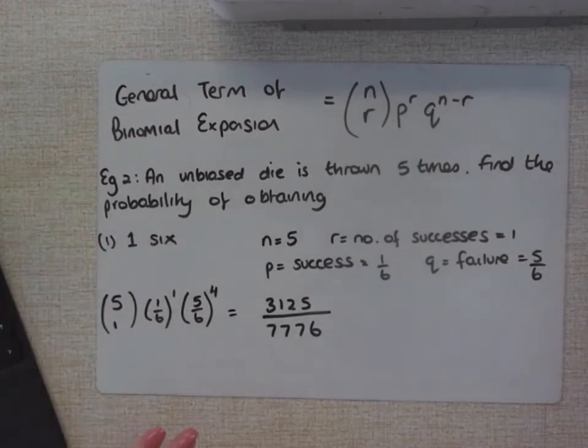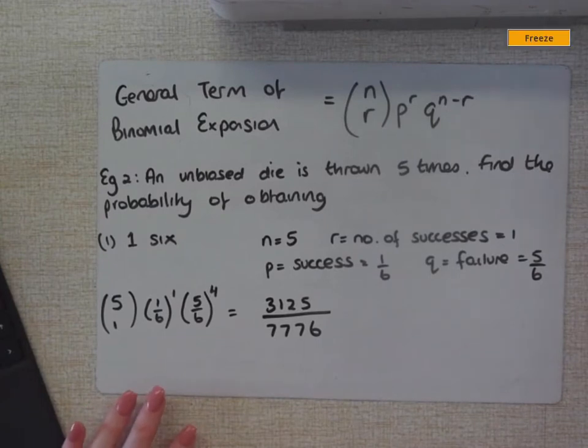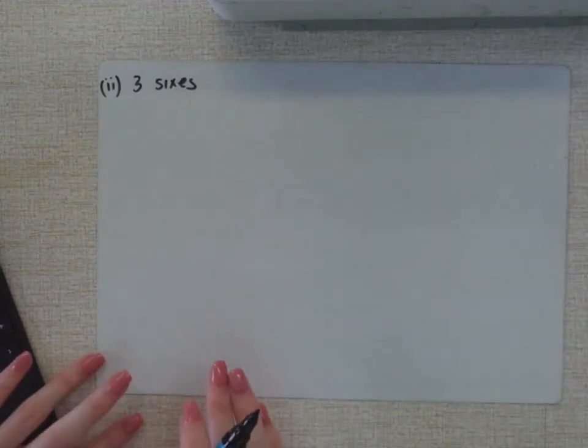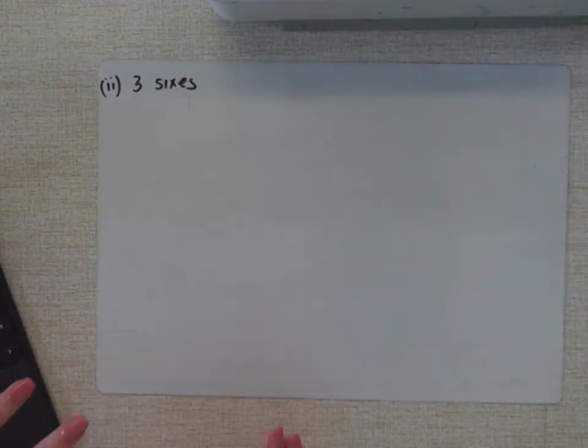Same question, now it's the probability of 3 sixes. Okay, find the probability of getting 3 sixes.